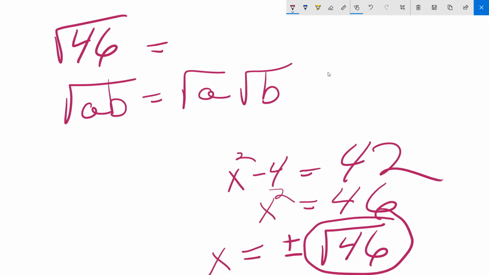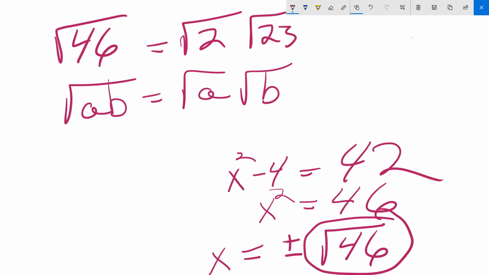So if I can factor 46 into a number that is a perfect square number, I can simplify this. If I can't, I don't do it. So what does 46 factor into? Could it be square root of 2 and then square root of 6? Well, you're close. Square root of 2 times square root of 23.